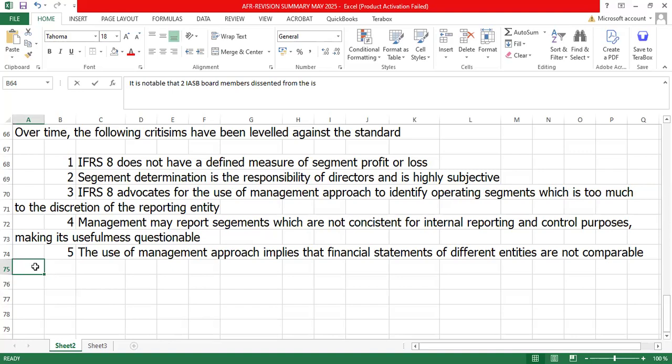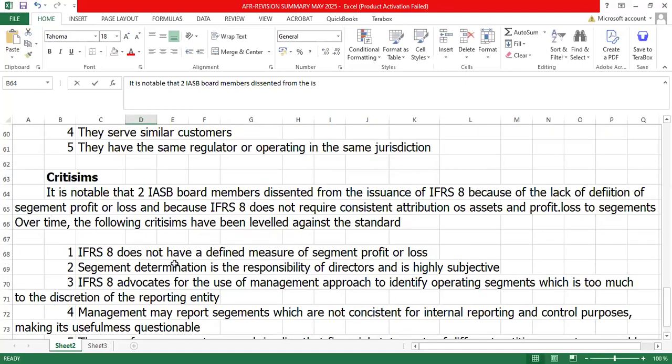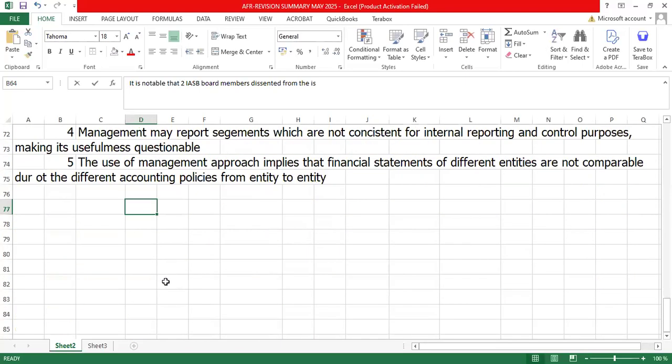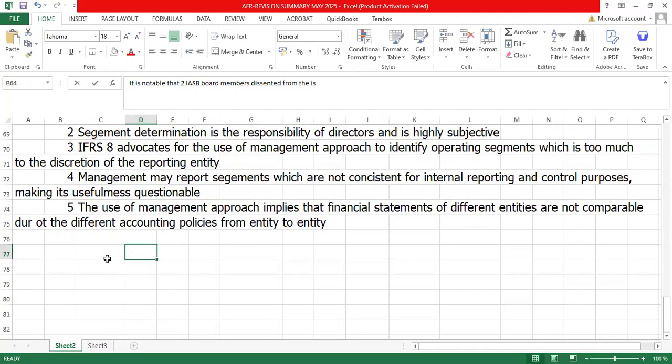So this one will not be comparable due to the different accounting policies from entity to entity. One entity may choose the asset parameter, the other may choose the revenue parameter, and because of that, it becomes very hard to compare the results.